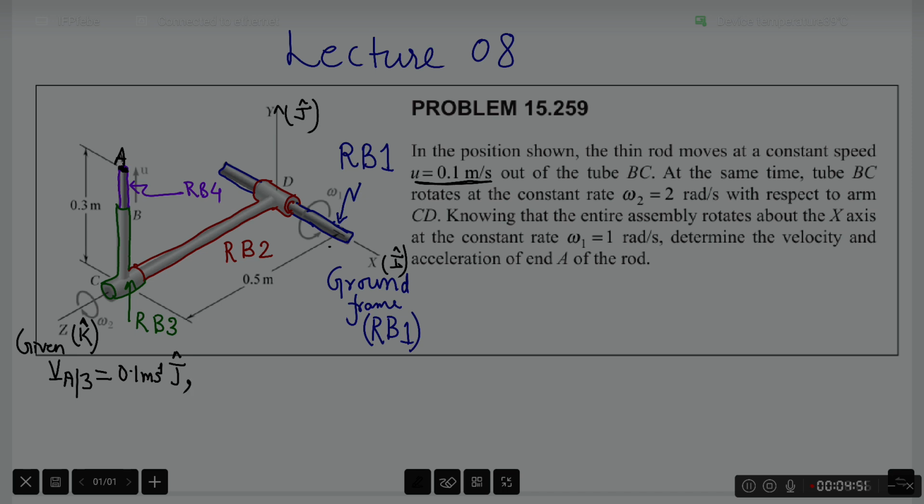This is given information. Further, it is mentioned here that the thin rod moves with a constant speed. That word constant tells me that AA3 will be a null vector. It is 0.